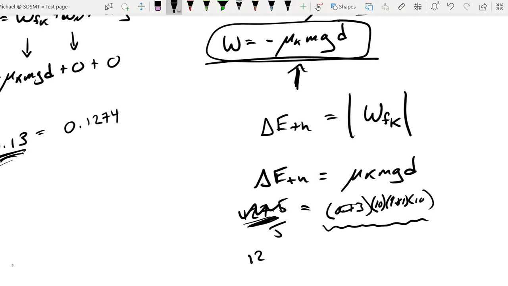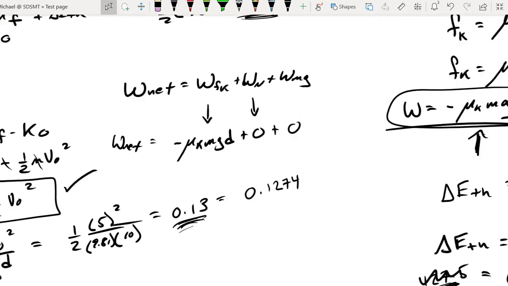If I replace this with the 0.1274, then I get 124.97 joules, which arguably is 125. So there we have it.